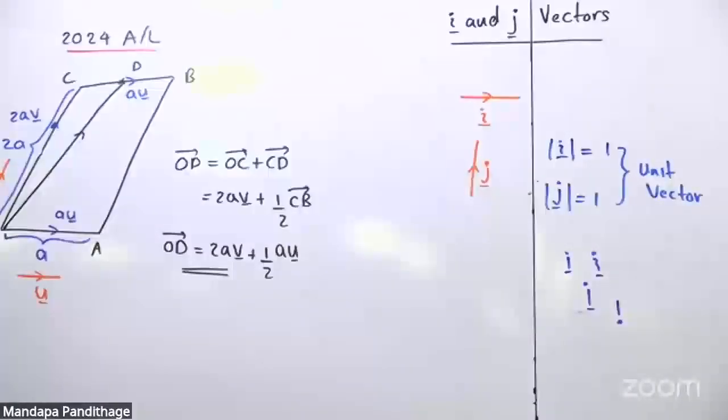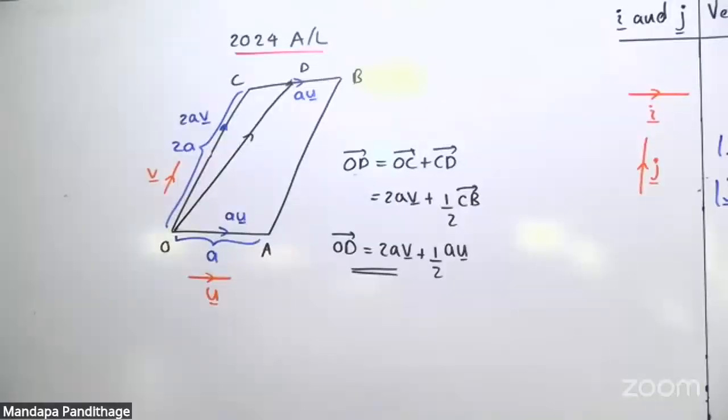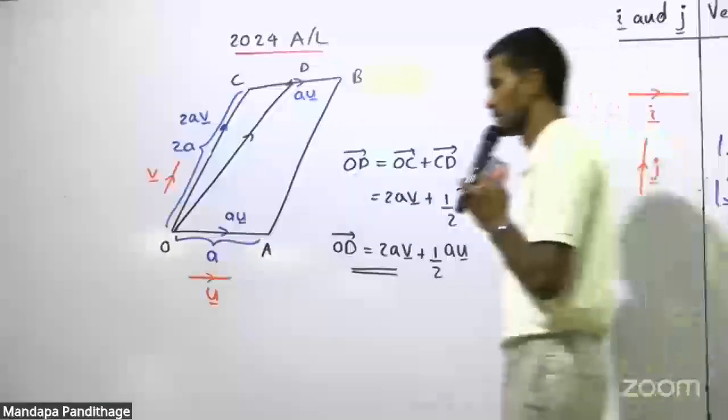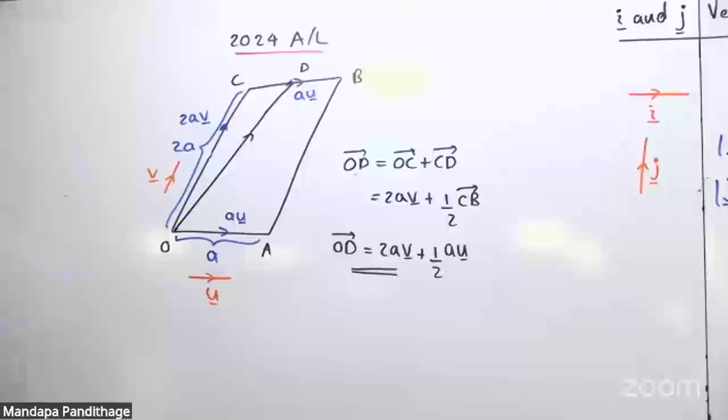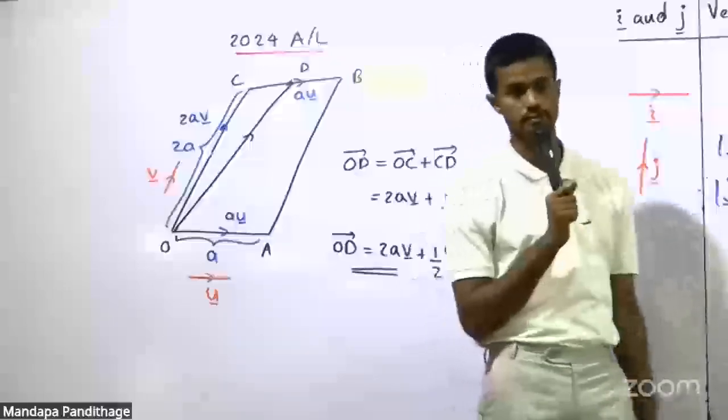The unit vectors to the horizontal and vertical directions are denoted by I and j respectively. Write I and j using a red pen, only the two letters.